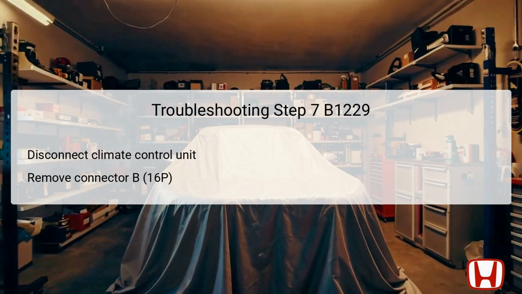This step is necessary for isolating the components involved and further understanding any faults that may be present in the system. Special attention should be paid to avoid damaging the connector or its pins during removal, as proper reconnection is crucial for subsequent diagnostics.